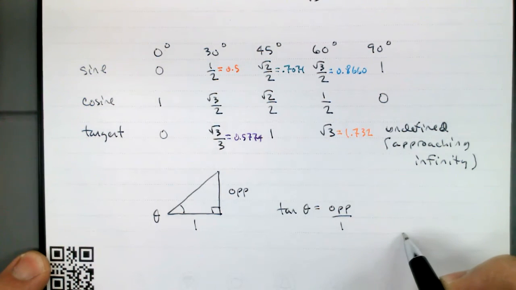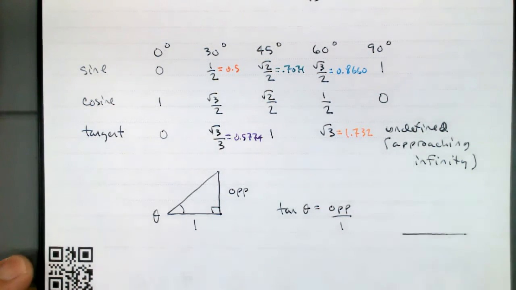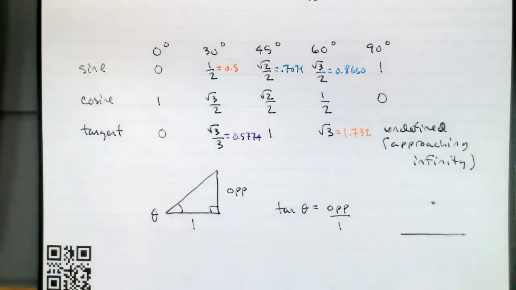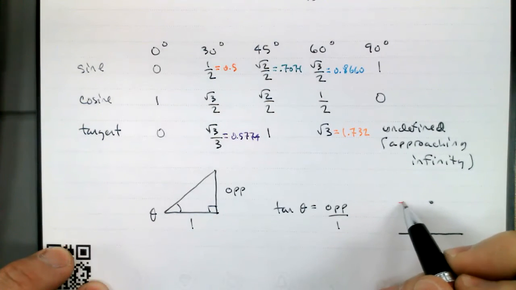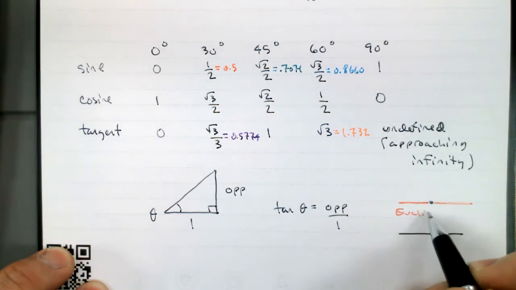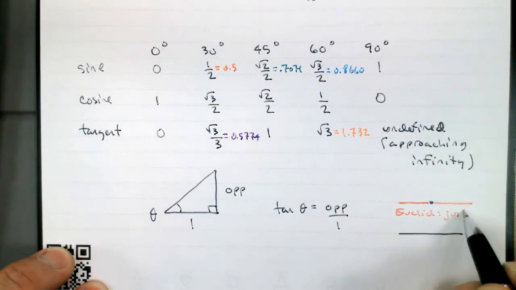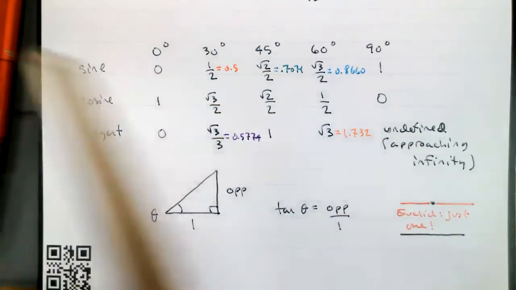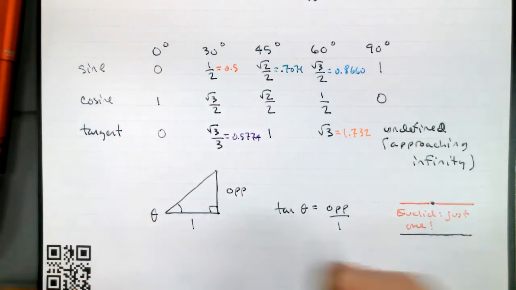But Euclidean geometry, Euclid said, all right, if you got a line and a point not on that line, there is only one line through that point parallel to your original line. That's Euclidean geometry. Euclid says there's just one parallel line.